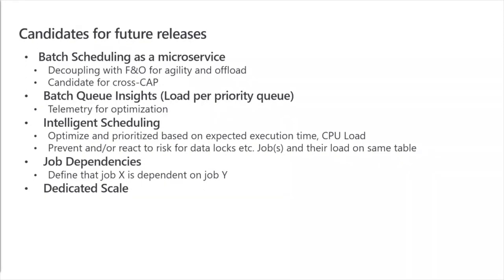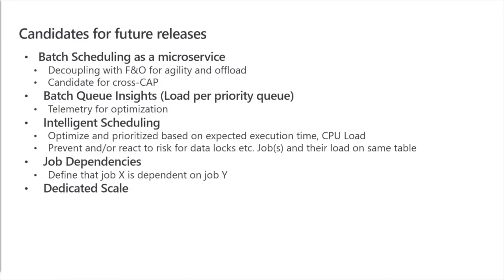The next item is intelligent scheduling. As you know, we have the AOS server, which does all the scheduler part. This will give the batch scheduler an ability to assess from historic data what the CPU load and the execution time of a batch job were. This will help the scheduler to optimize and prioritize based on the past execution time and the CPU load, as well as prevent the risk of data loss and load on the same table.